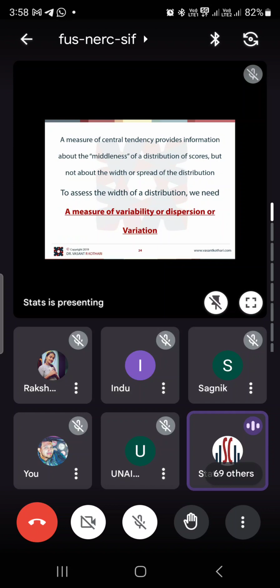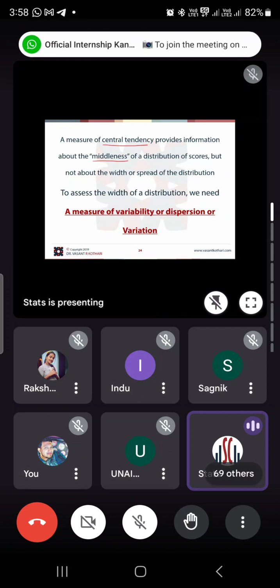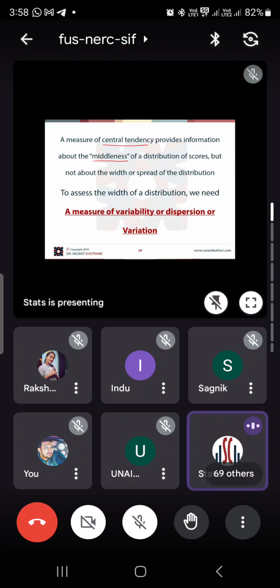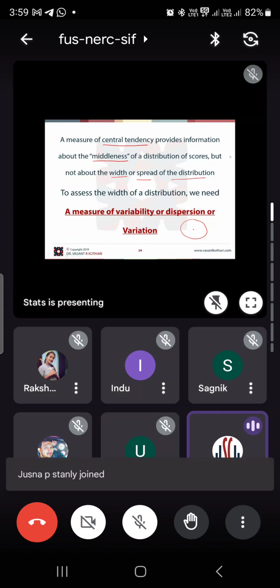Variation. Now listen carefully, this is the most important concept in statistics. A measure of central tendency, what we saw, provides information about the middleness, the center of the data. So this is the data, and where is the center point of the data? It talks about that. But it is not talking about the width or the spread of the distribution, how the data is distributed.